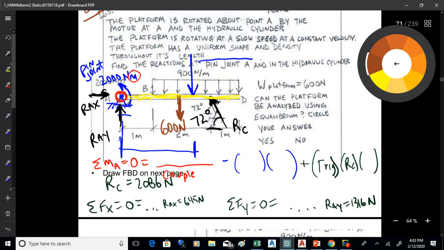Now, what's the sign on that one going to be? That comes down to the right of A on the moment equation. We'll just kind of sneak that down there. So as that thing pushes down to the right of A, which way would it rotate?